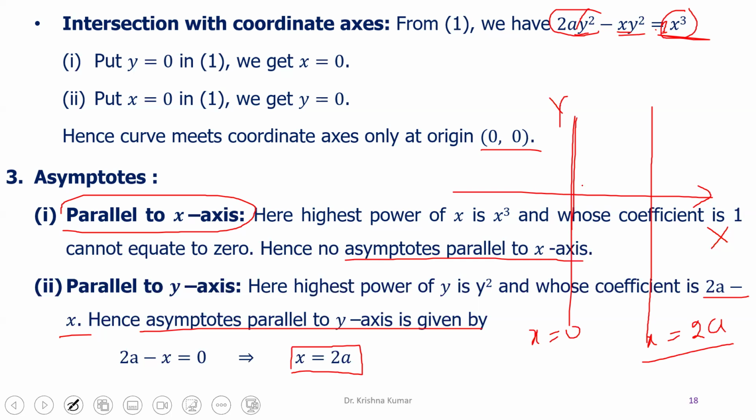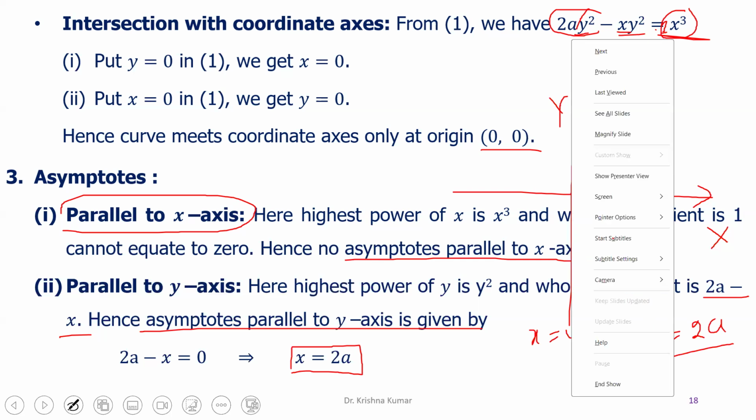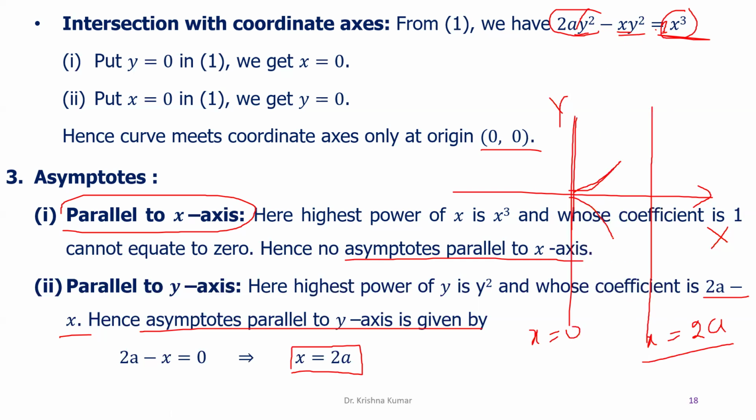And we have already seen that the origin is nothing but a cusp. So it looks like this, and this is the asymptote. It means this curve will not intersect this asymptote.